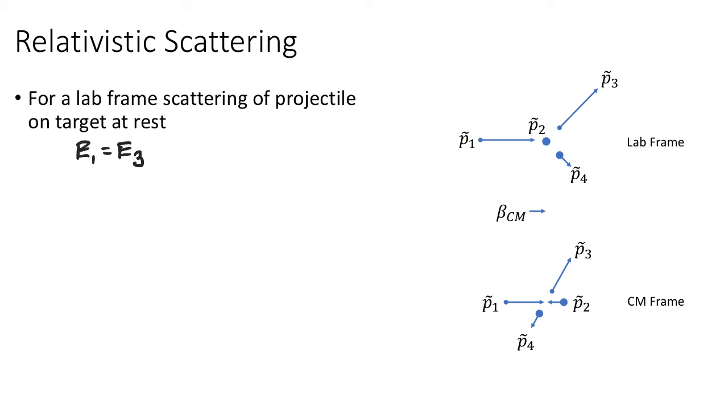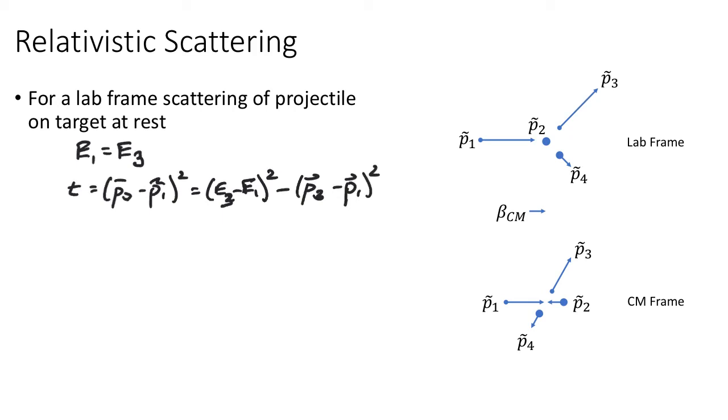So when we calculate T, in that case, just writing down P3 minus P1 squared, so that's E3 minus E1 squared minus the spatial vector P3 minus P1 squared. But of course, since E1 and E3 are the same, we can cancel out this part.